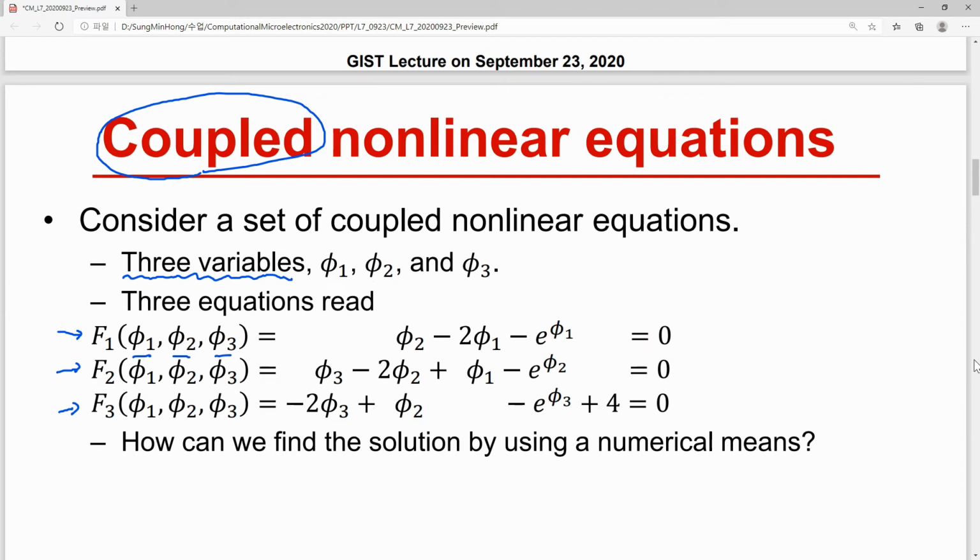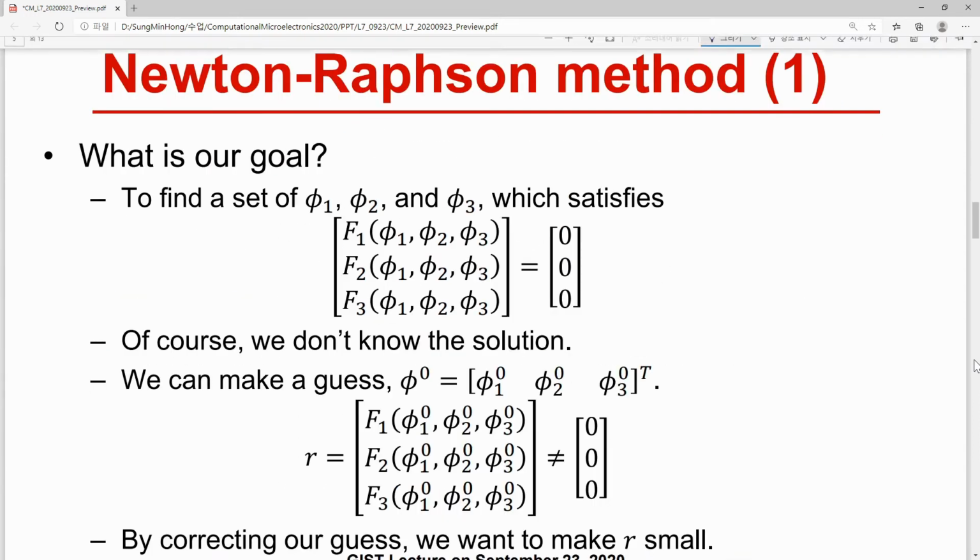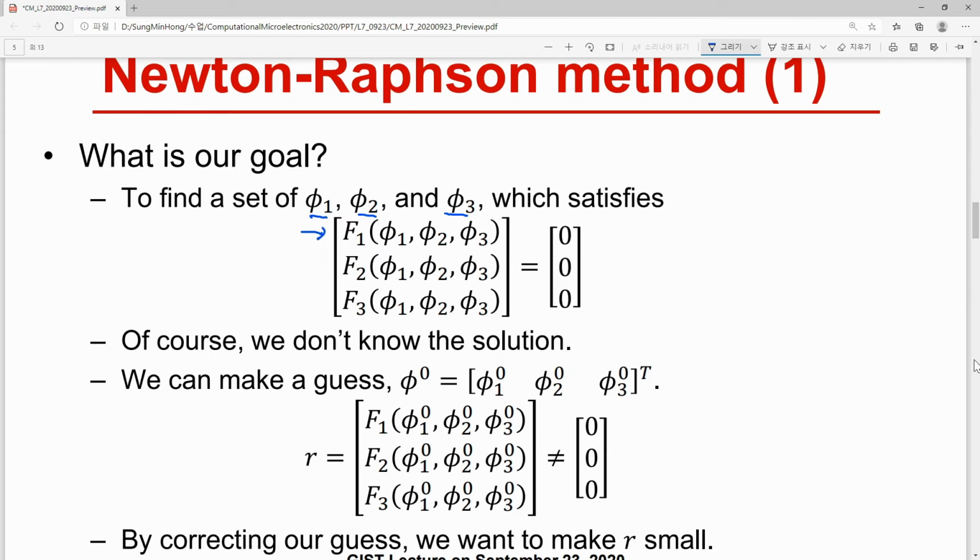Please remember that when we had a single variable, we selected a single number as an initial guess. So now we have a solution vector, and also we have to introduce an initial guess vector for our equations. Our solution phi1, phi2, phi3 should satisfy everywhere. The first point and second point and third point should give you exactly 0, 0, and 0.